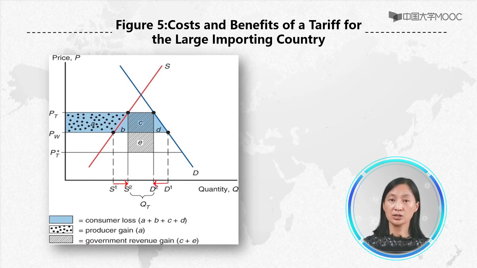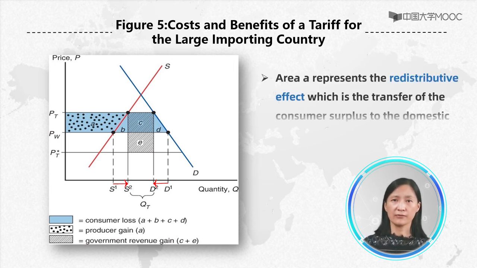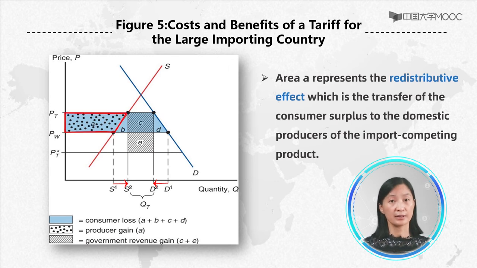So domestic consumer surplus falls by an amount equal to areas A plus B plus C plus D. Domestic producers' surplus increases by area A. In fact, area A represents the redistributive effect, which is the transfer of the consumer surplus to the domestic producers of the import-competing product.